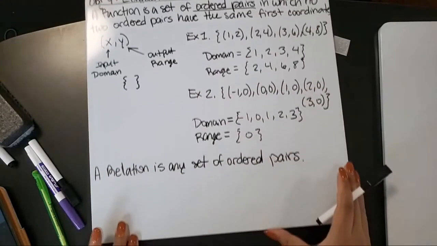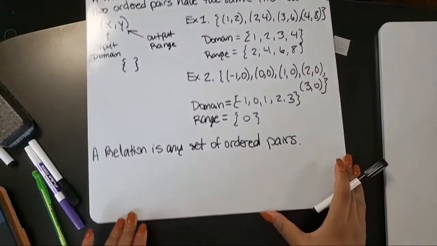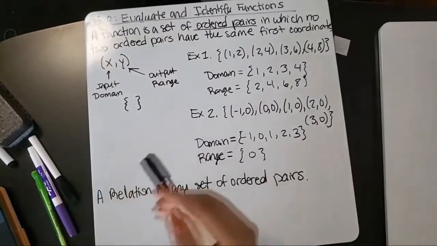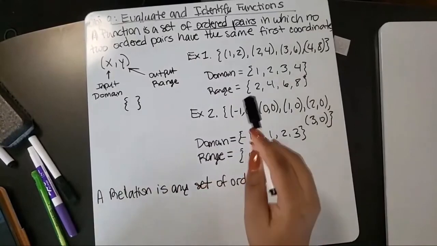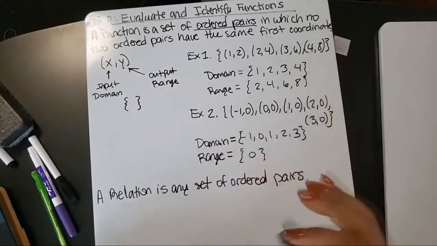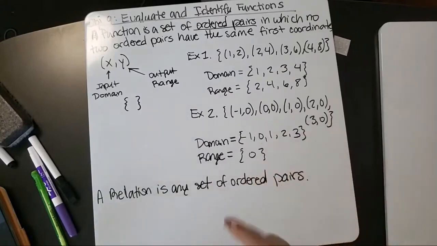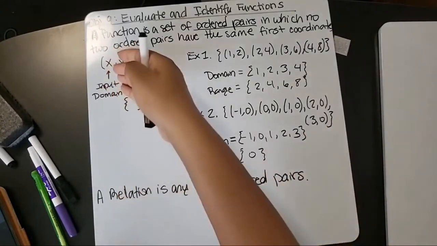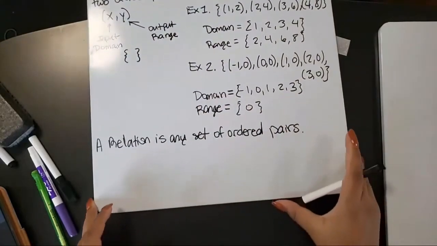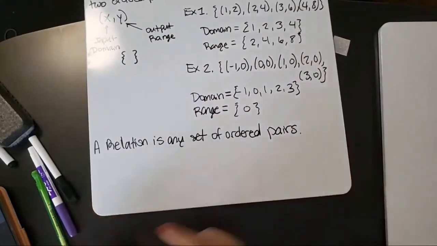So now we see the definition of a function. A function is a set of ordered pairs in which no two ordered pairs have the same first coordinate, which means they don't have the same input or the same domain. So let's look at what that actually looks like.